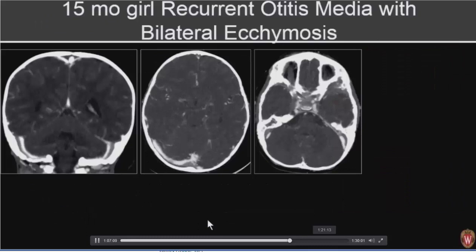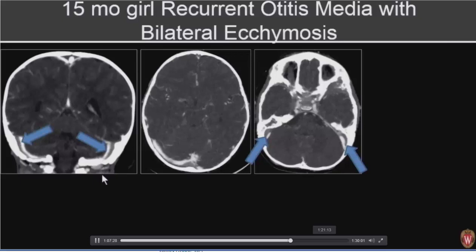So this is the patient's images. If you take a look at the brain parenchyma, it looks normal. We've got normal CT attenuation, normal vasculature, but what we can see, if you take a look closely, is that the dural venous sinuses are uplifted from the bone.